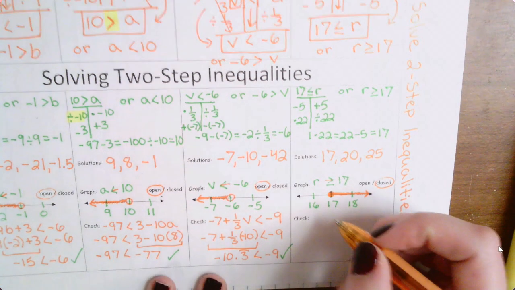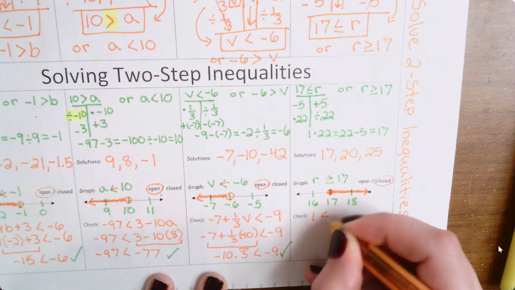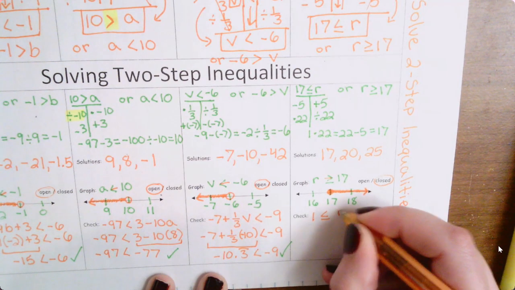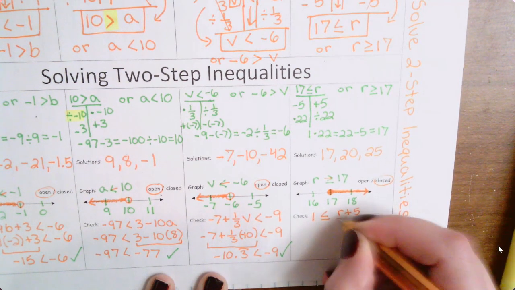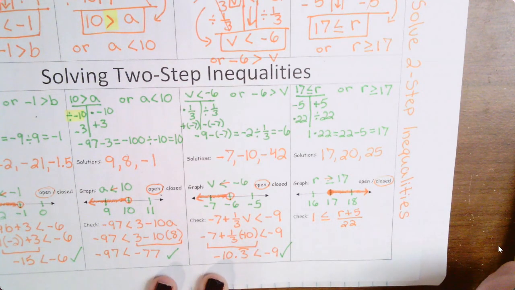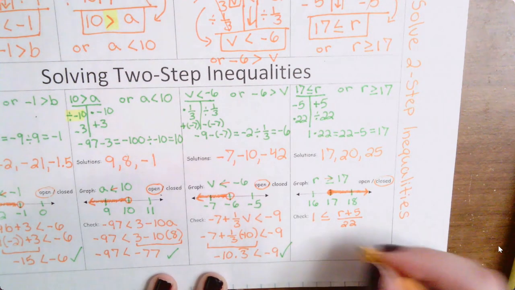So I'm going to rewrite the original inequality, which is 1 is less than or equal to r plus 5 over 22. And let's substitute in 25. We'll see what happens. It might be an ugly decimal, but we have Desmos.